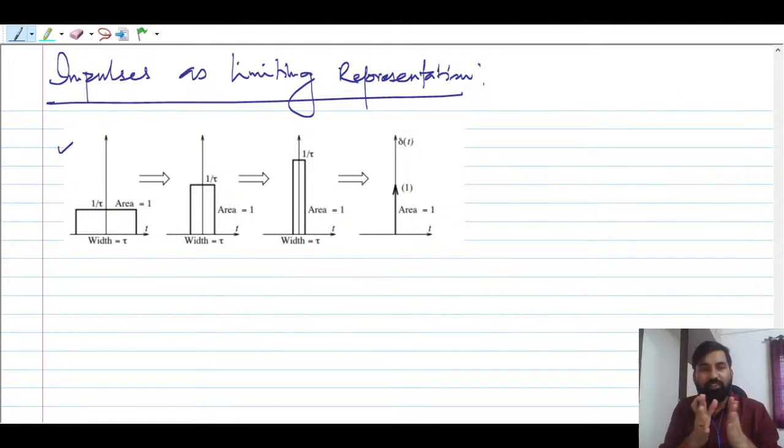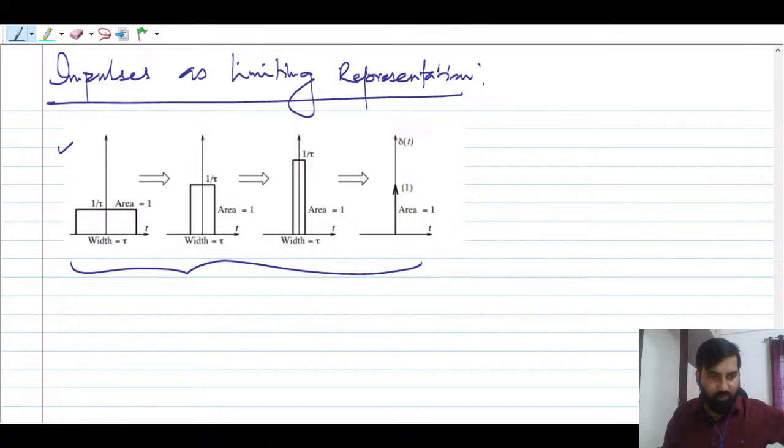Now this is going to be the genesis of the impulse function. We are going to make this width smaller and smaller, and the moment you do, you apply the limit here. Your area has to be constant, area has to be 1. So you will scale up the height as well. If you are decreasing the width, you have to scale the height. In this case the width is like this with height 1 by tau.